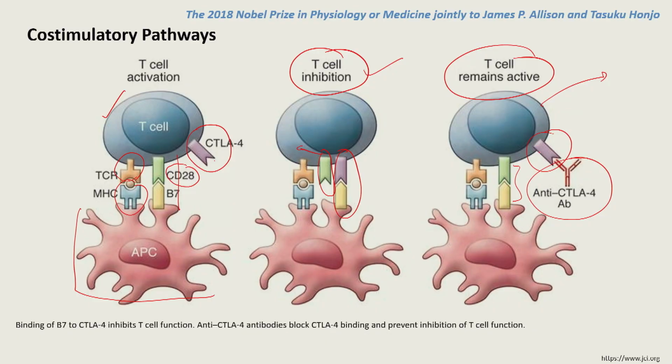To curtail this inhibition, we can bypass this process by specifically binding a foreign antibody to CTLA4, so that CTLA4 is out of the way and B7 and CD28 can bind to start the proliferation of the T cell population. So this is the inhibitory pathway that's very important in this co-stimulatory biology.